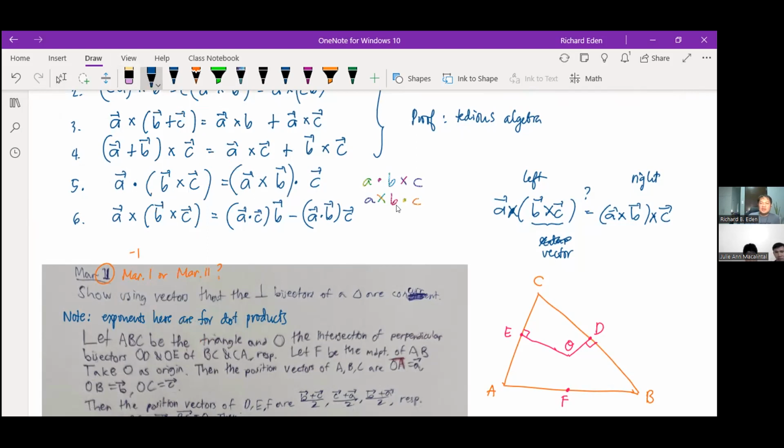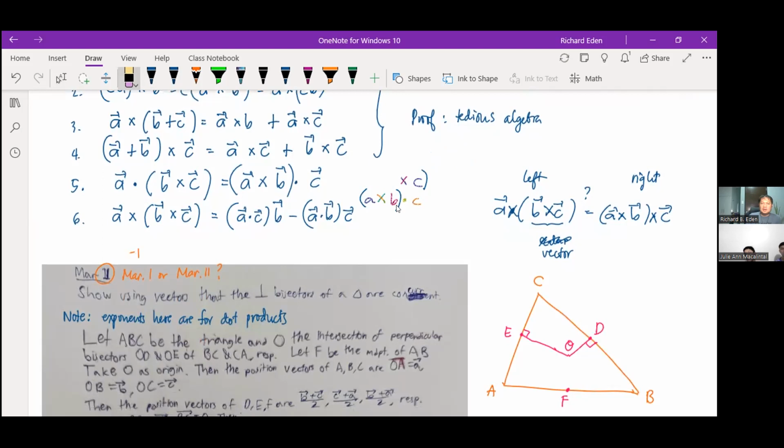But of course, you need to take the cross first in each case, because if you were to take the dot product first, that's not going to make sense anymore, because A dot B is going to be a scalar rather than a vector. So then you're going to run into trouble taking its cross product with C.